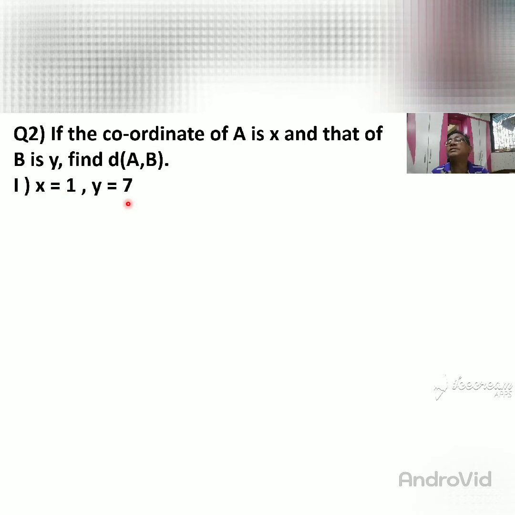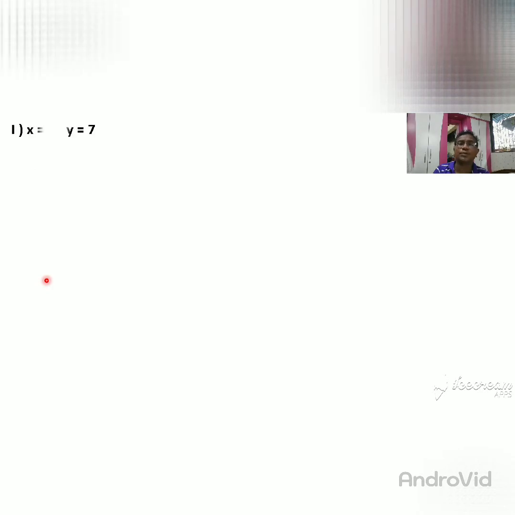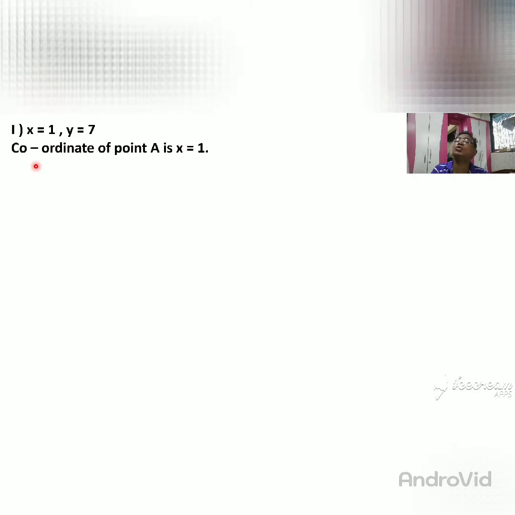So both numbers are positive, and 7 is greater than 1. So y is greater than x. Here is the first problem we want to solve. All the problems are written here and we will solve them one by one. So here we take x equal to 1 and y equal to 7.